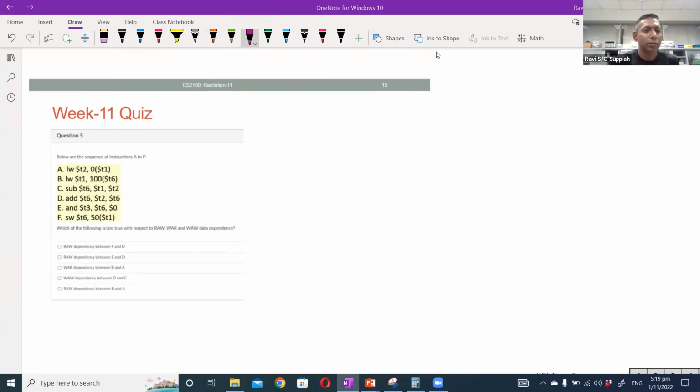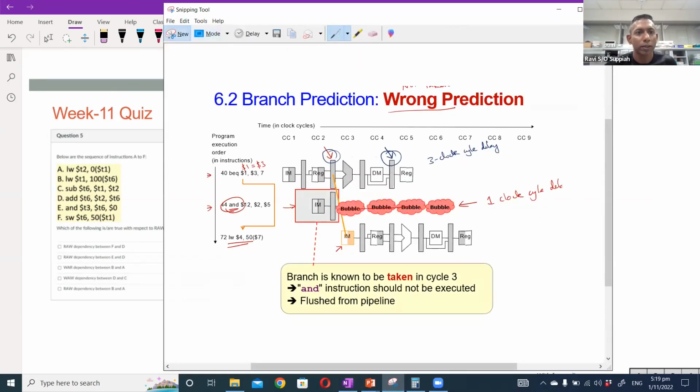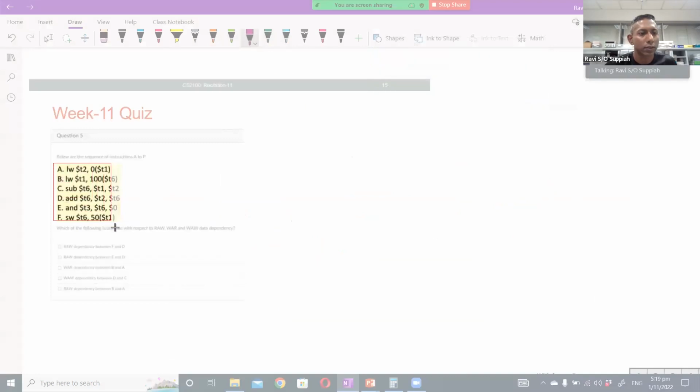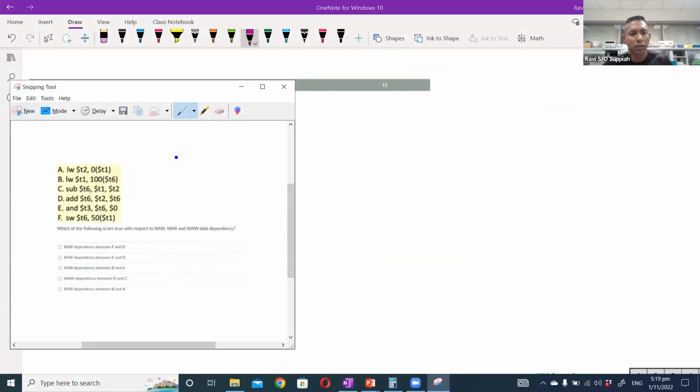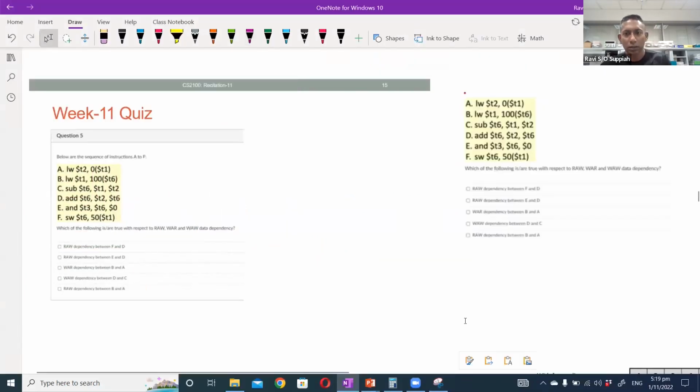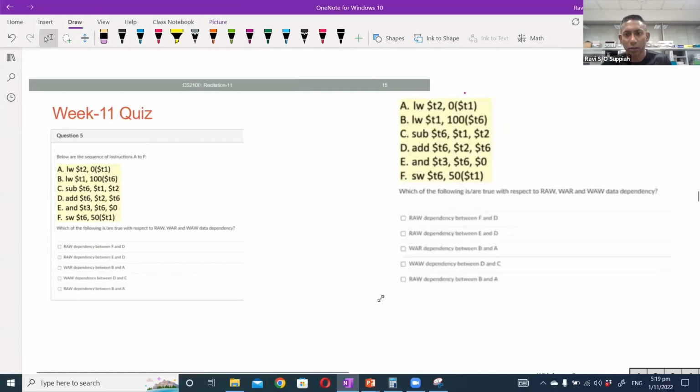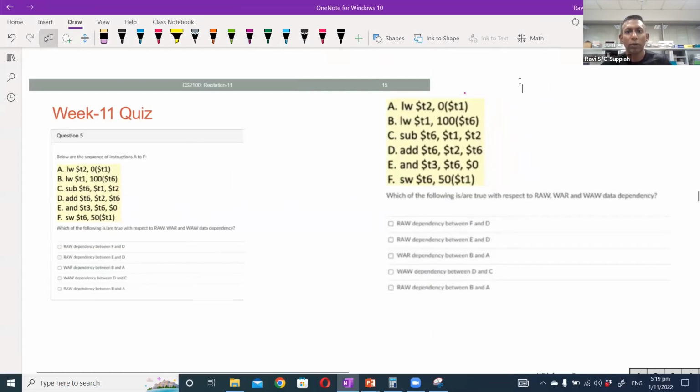Okay, so let's continue. Here we have a sequence of these instructions. Let me blow up these instructions here. If you look at the first instruction, we are reading from T1, and we are writing to T1 in the next instruction.